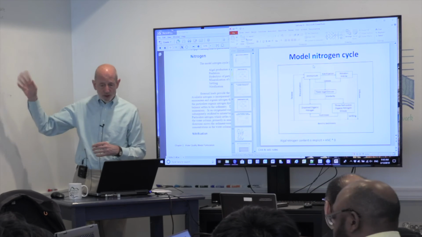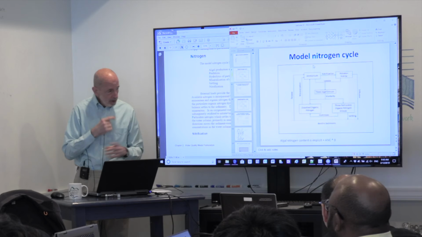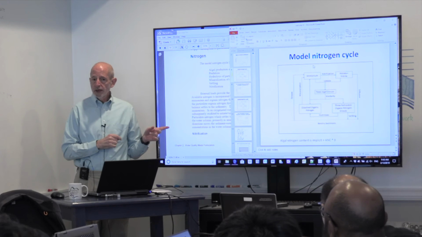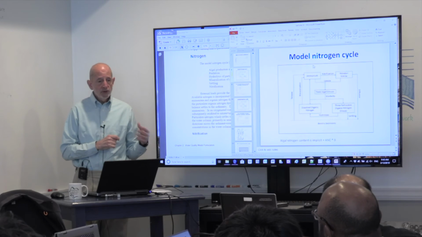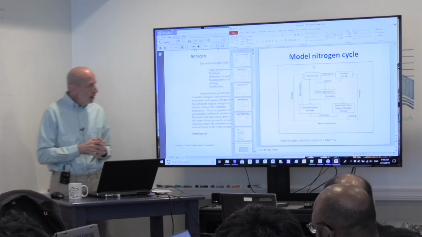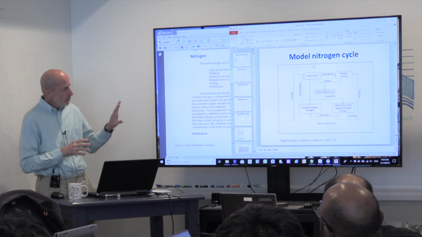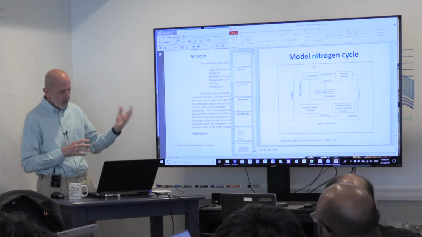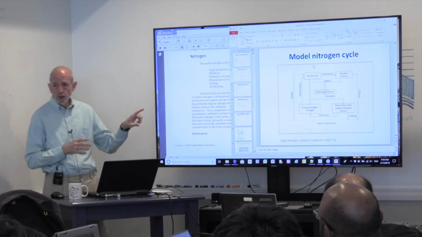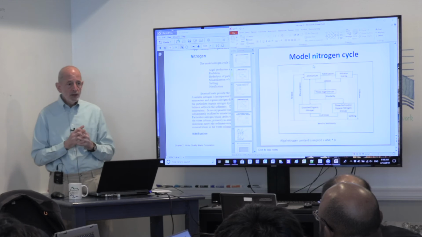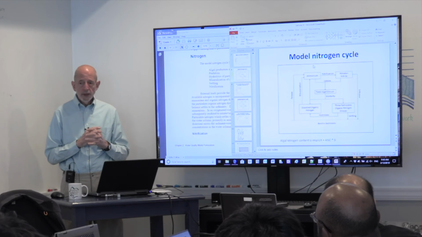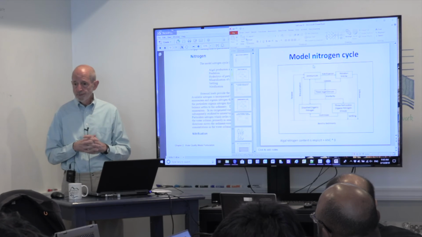I can't write the equation on the board from memory, but we saw it yesterday in our lecture on the diagenesis model. There was denitrification. Very many eutrophication models, including this one, have denitrification in the water column when the oxygen goes to zero.